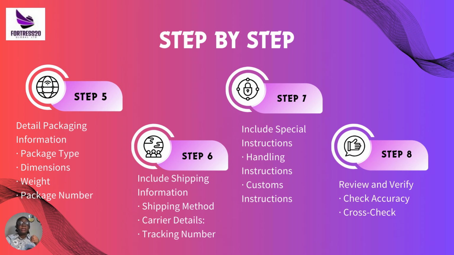Step 5 is the detailed packaging information. What package type is it? Is it in carton? Is it in pallet? Are they in crates? What are the dimensions? Provide the dimensions, the length, the width, the height of each package.